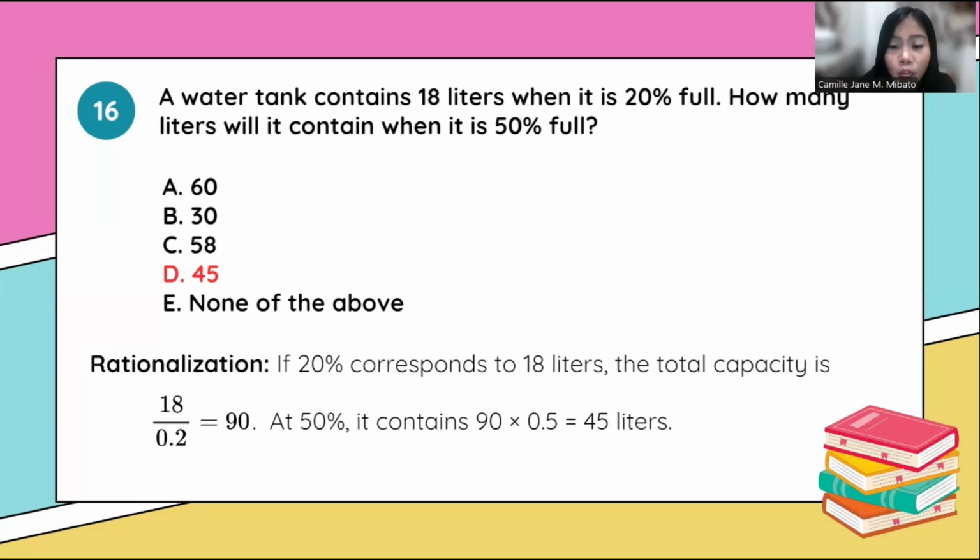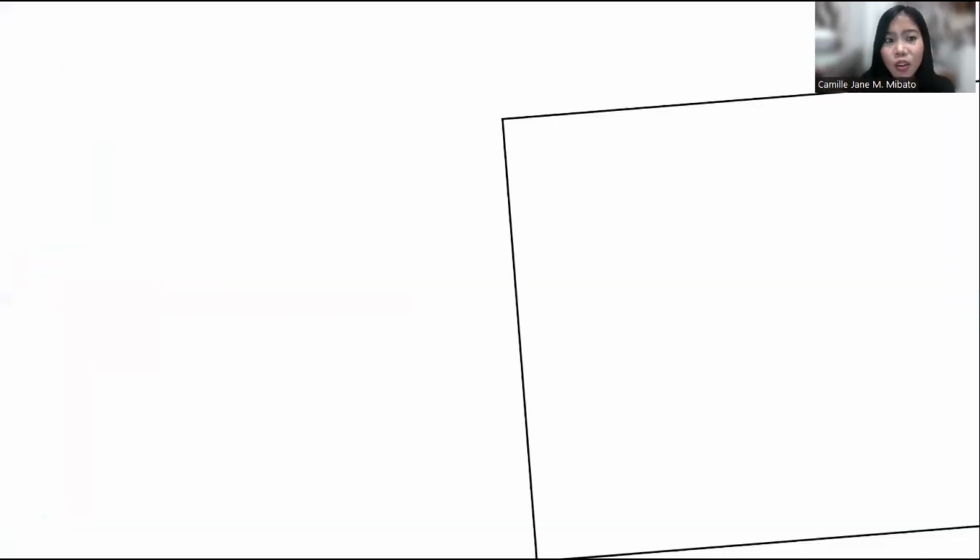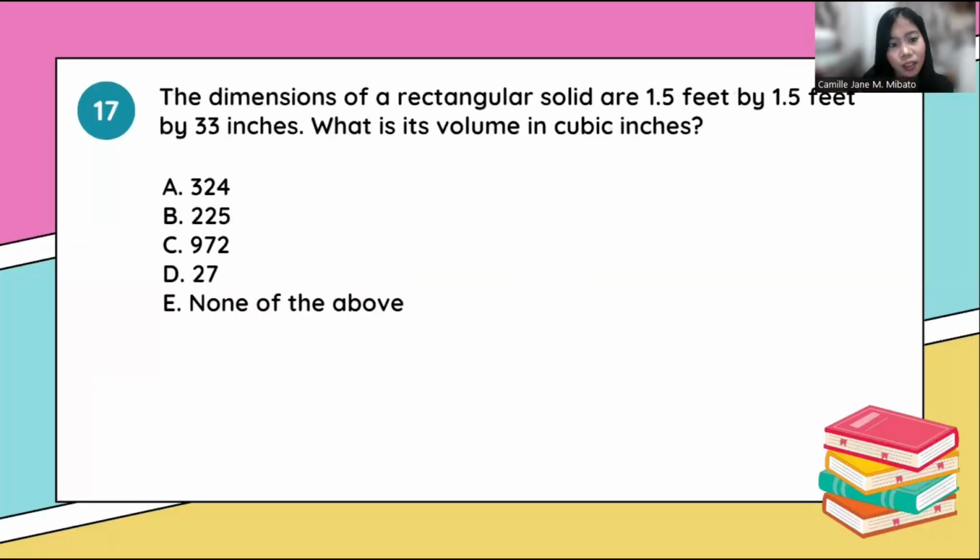So therefore, 45 liters is what it will contain when it is 50% full. So it is letter D. Okay. Now let's proceed to question 17.